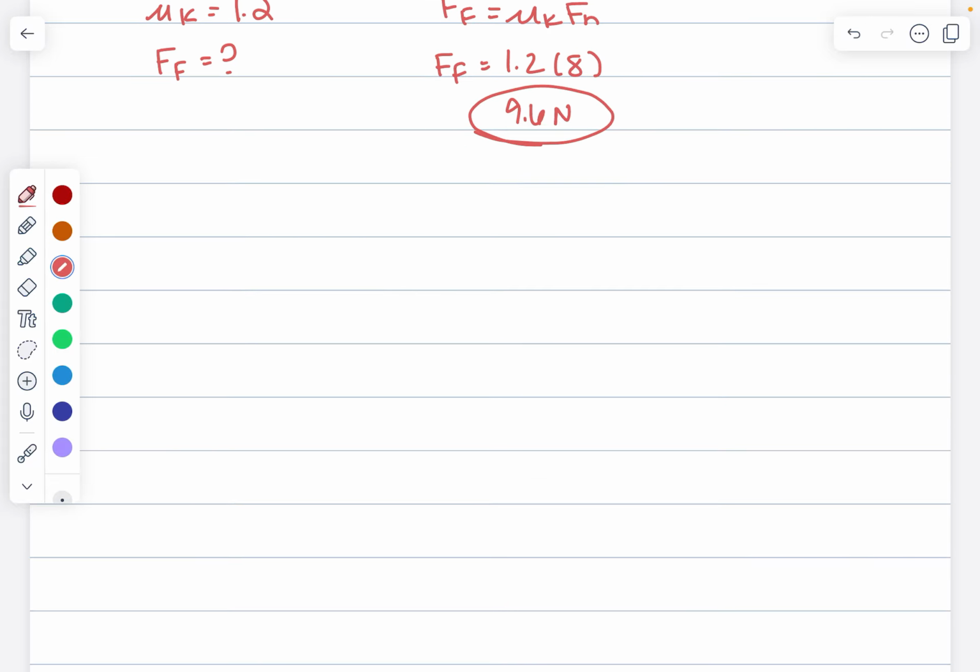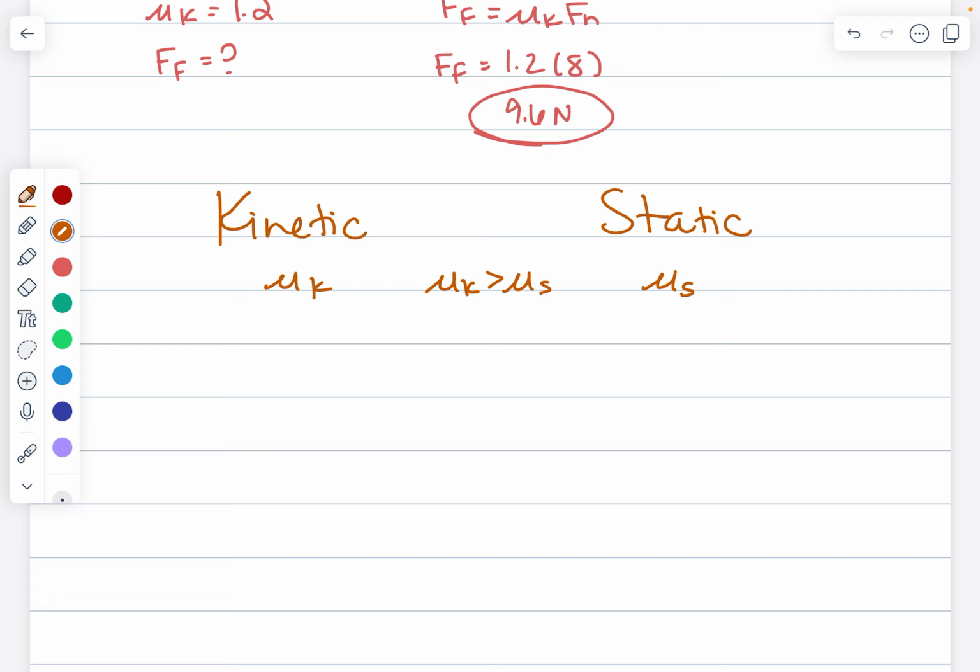But let's talk about something because it's important. We have kinetic friction and we have static friction. First off, the coefficient of kinetic friction is UK. The coefficient of static friction is US. US will always be greater than UK. It's not as hard to keep something moving as it is to get something moving.